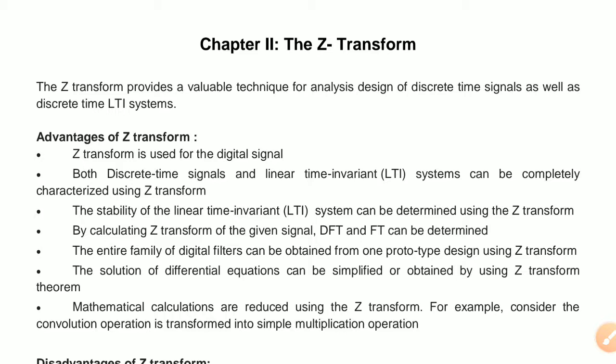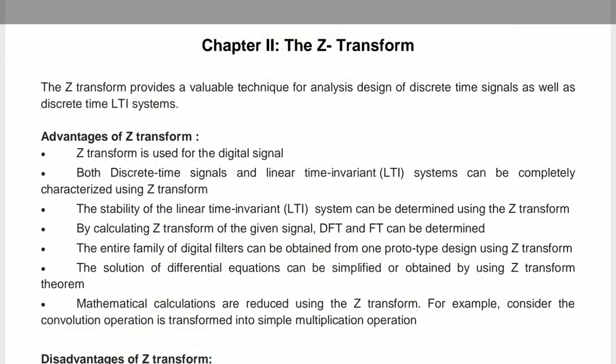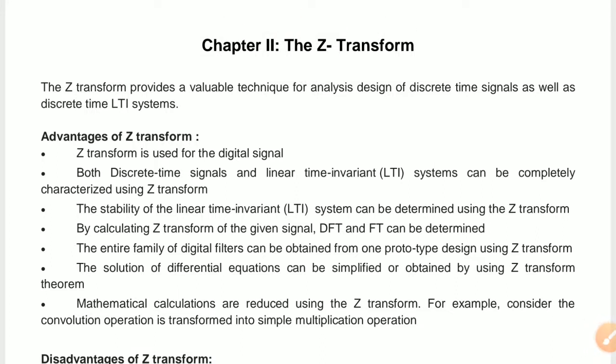The next point is that the solution of differential equations can be simplified or obtained by using the Z transform theorem. And the last point is that the mathematical calculations can also be reduced using the Z transform. For that purpose there are various operations which can be performed on digital signals. Those operations are the convolution operation, and there are some correlation operations in the DFT chapter.